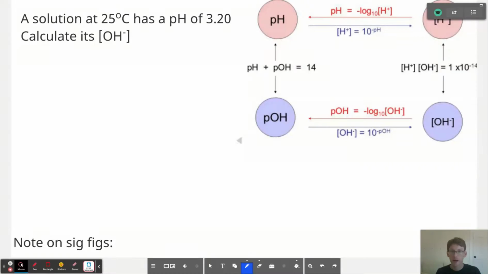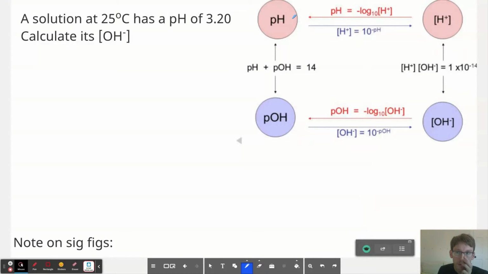But let's do a calculation and see how this can work out. This chart I'm keeping here just so that you can see it. It's very, very useful because you can get from any value, whether it's pH, pOH, concentration of H plus or concentration of OH minus, to any other in either 1 or 2 steps.